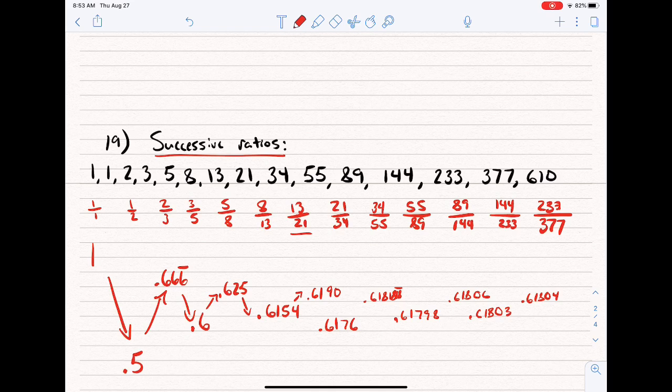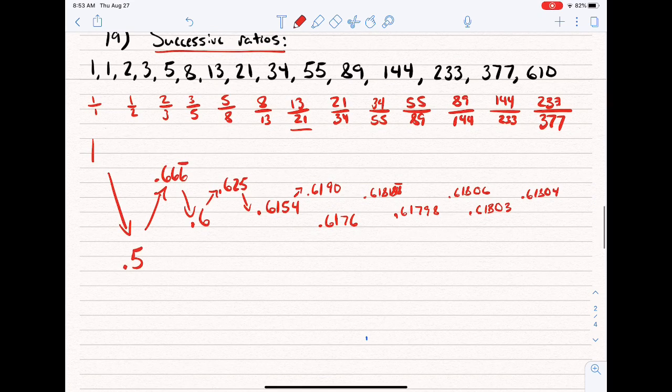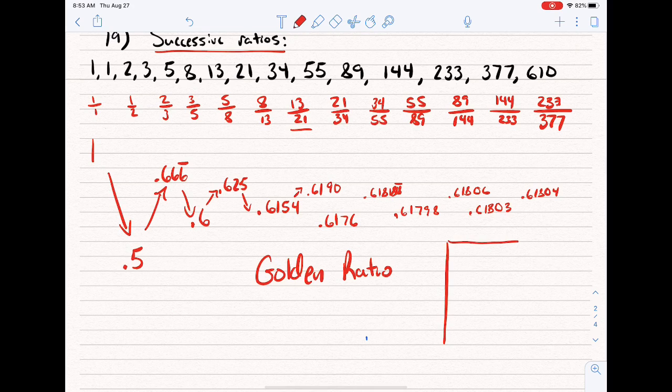And what it's doing is converging on what's called the golden ratio. Now all you've got to do is Google the golden ratio, and you'll see a billion really cool images of what that is. It's a ratio that's been around forever, but it got discovered a couple thousand years ago.